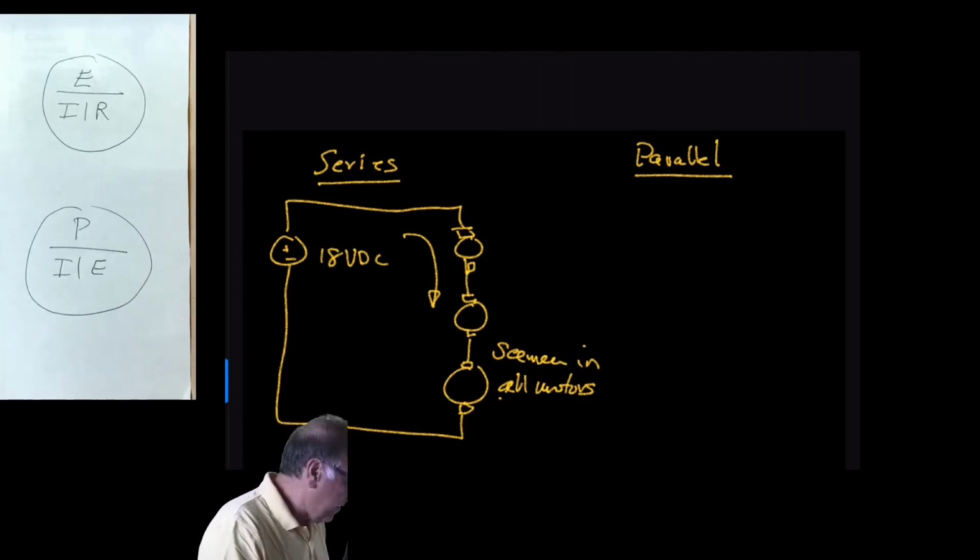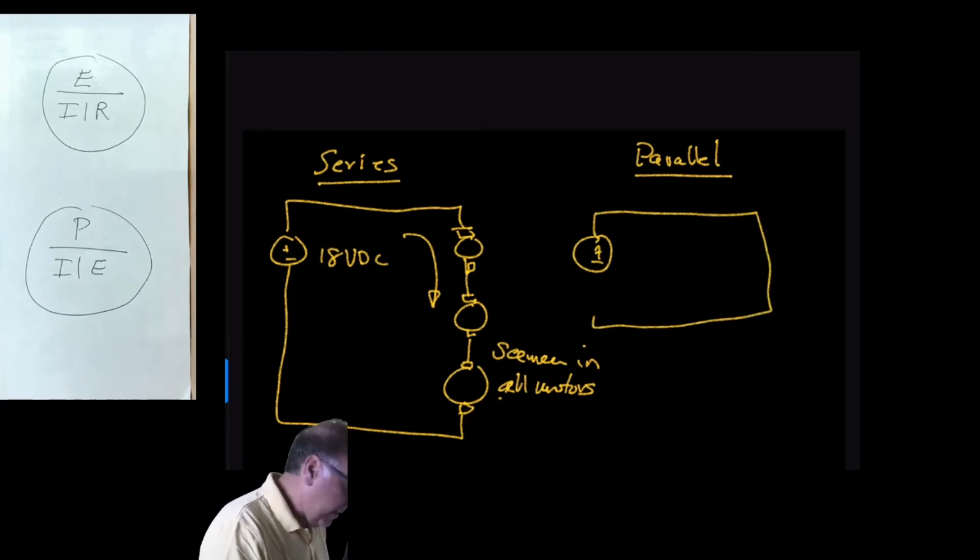Then we have the parallel setup. We have a voltage source, plus and minus, and we have a parallel circuit here. And we have 6 volts DC, and we have 3 motors.